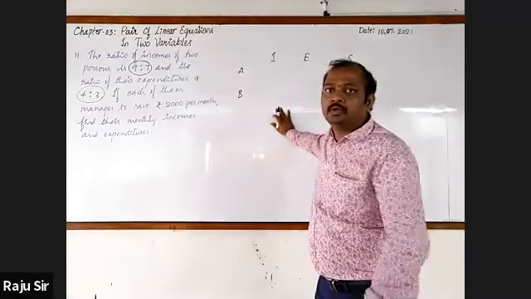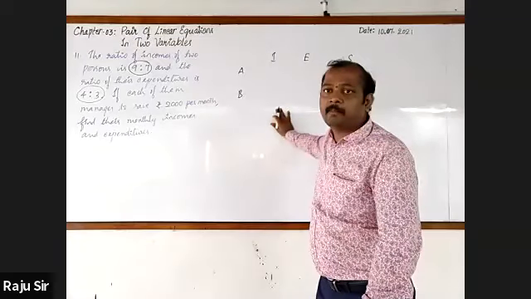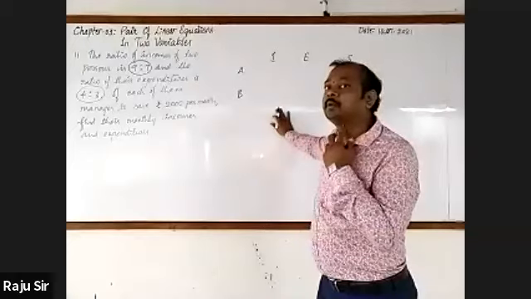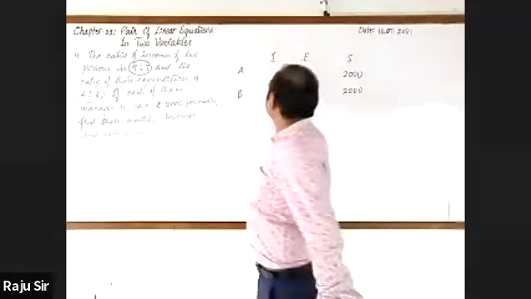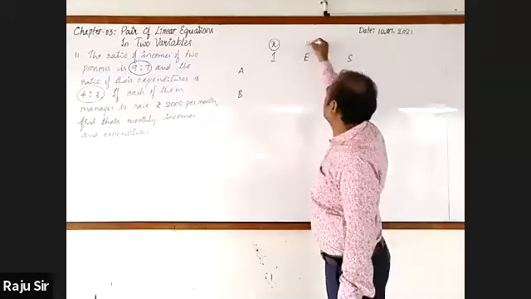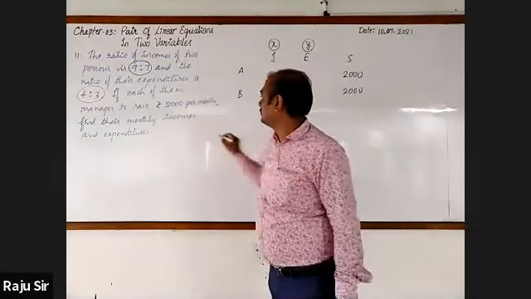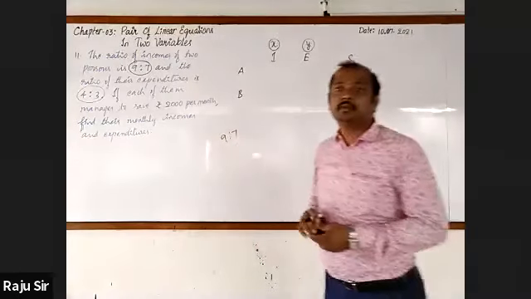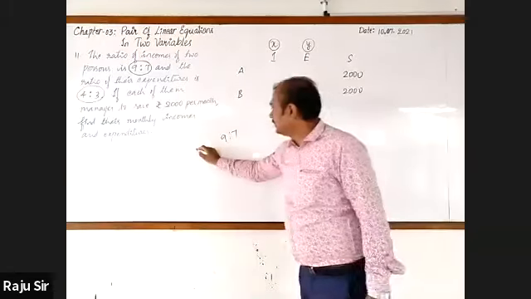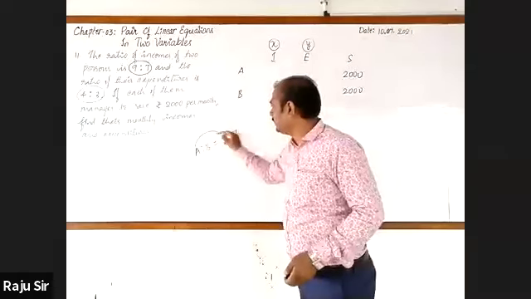We do not know their income. I go for taking the common ratio of incomes as x and the common ratio of expenditures as y. If income is 9:7, then what is the income of persons A and B? If I take the common ratio as x, A's income is 9x rupees.